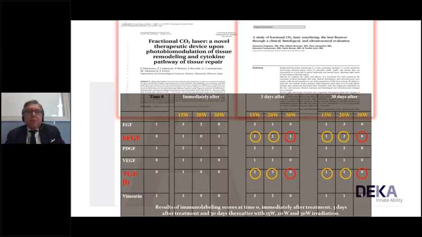You see, there is a movement only with the lower parameters. What does it mean? That when we use the fractional scanner, we have to use not the stronger parameters, but the proper combination of parameters in the right way, in the protocol that we get normally in our experience and we share with you now, but even in DEKA Academy that we have done up to now.